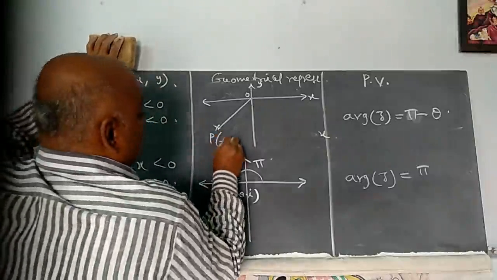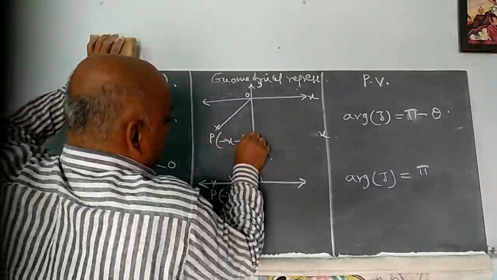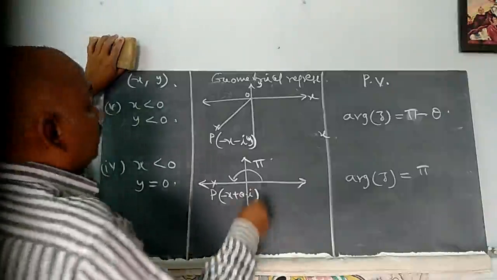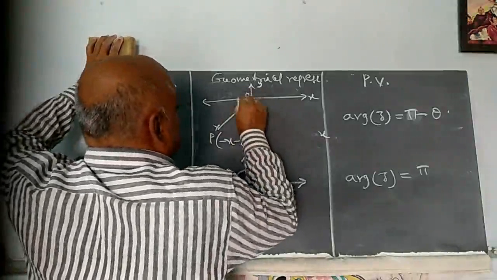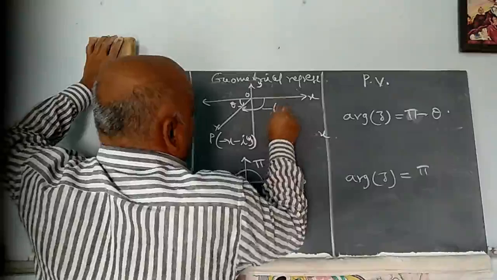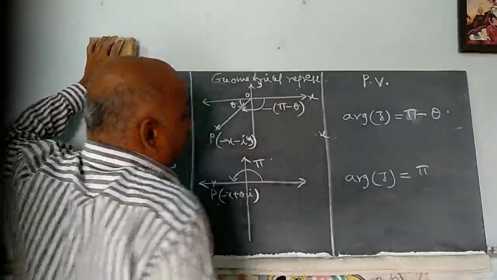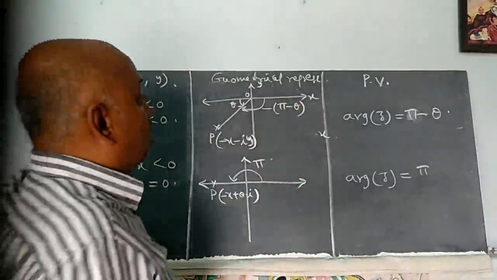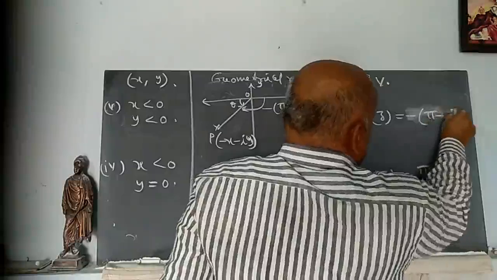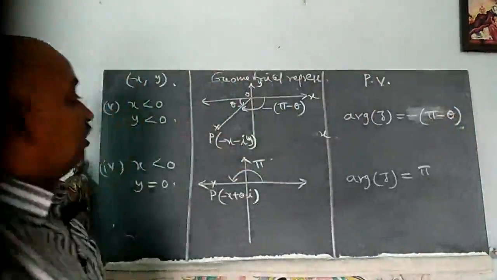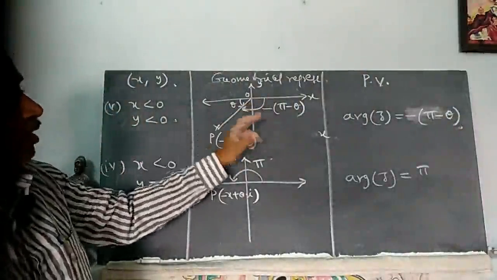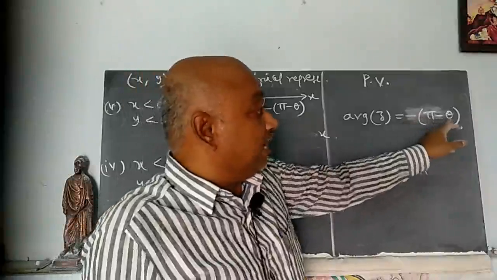So this is minus x minus iy. In this case, the principal value of the argument of Z is minus of pi minus theta, in the clockwise direction. So negative sign, minus of pi minus theta.